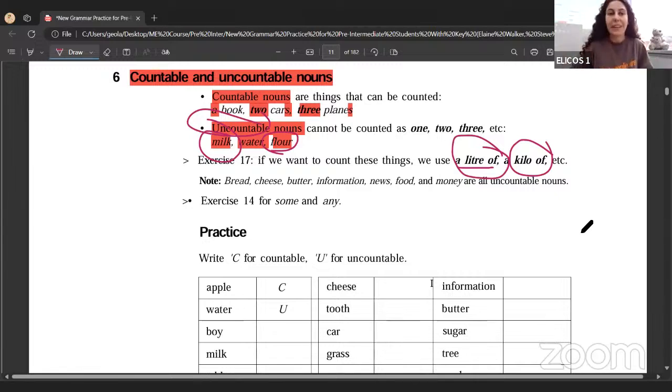And the easy way to remember is start with your uncountable. The very basic ones are water, milk, sugar, flour, butter, oil, wine, food. If you just remember these words, these are the most common uncountable nouns.